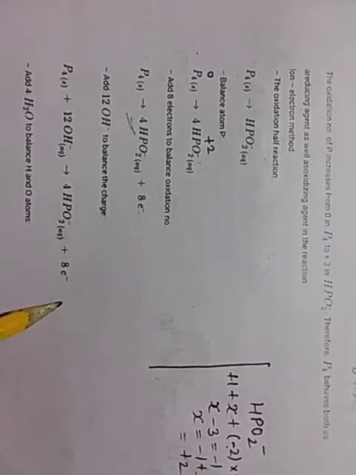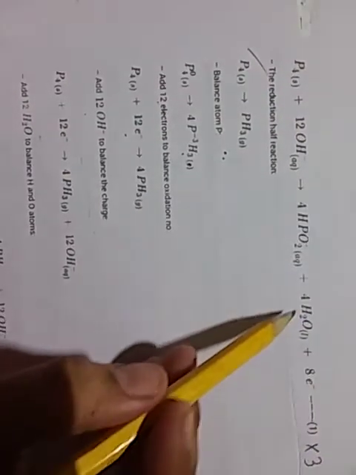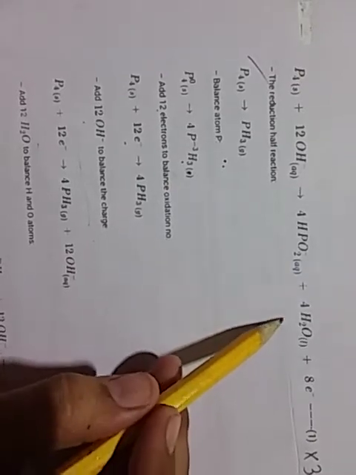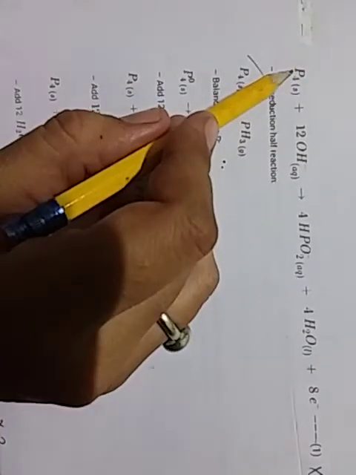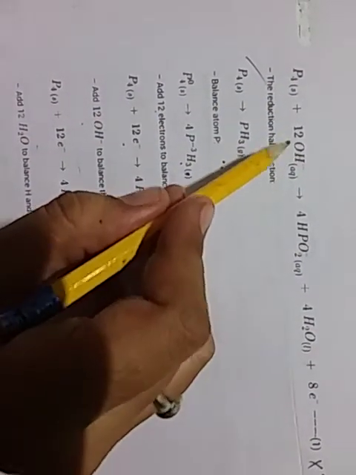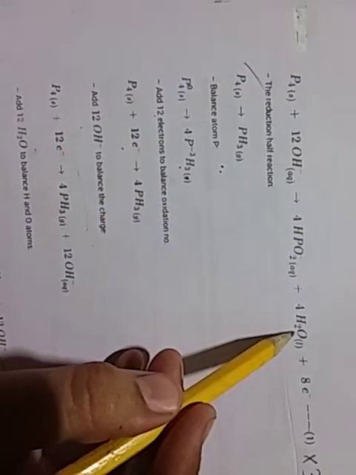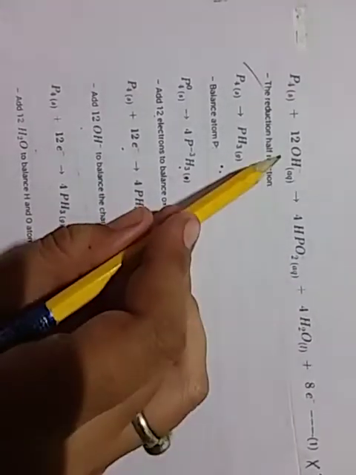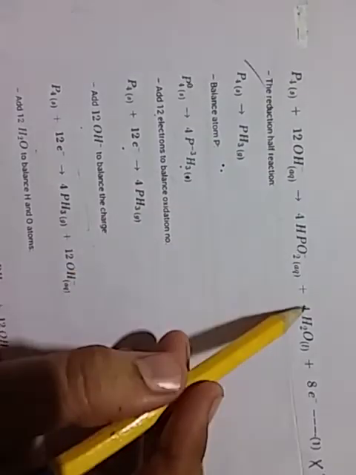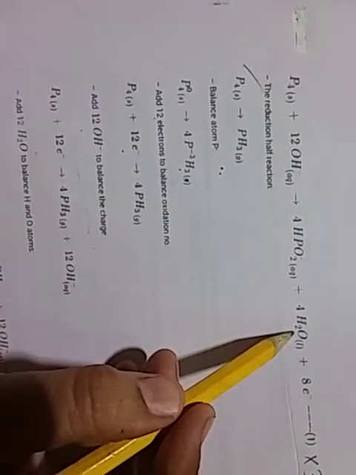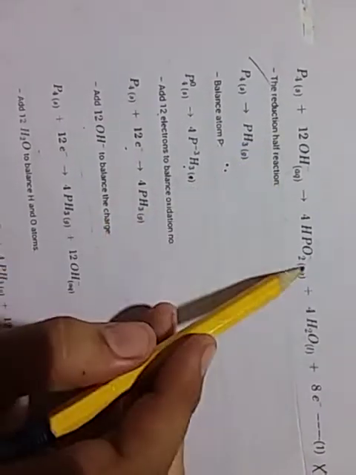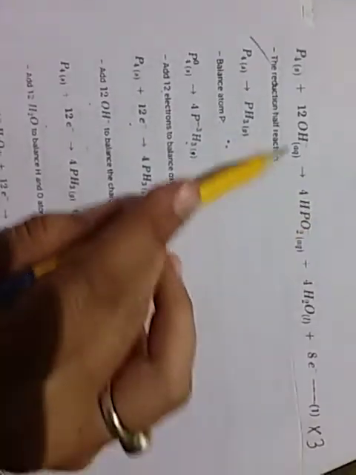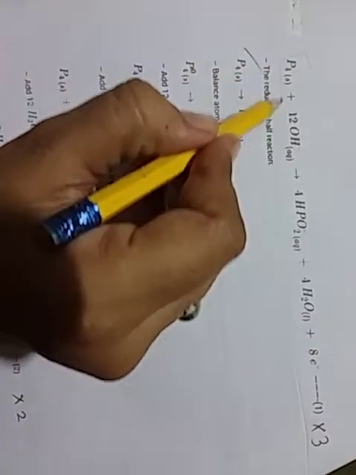So we add 4 H2O on the right side. Then 12 oxygen and 12 hydrogen are balanced. This is equation number one.